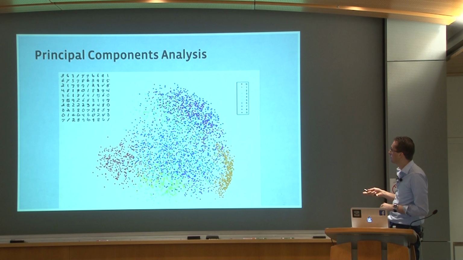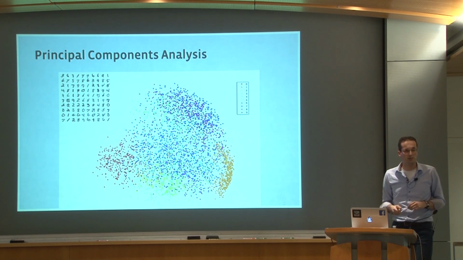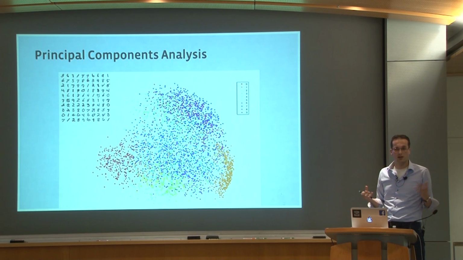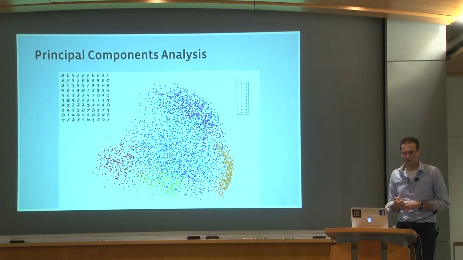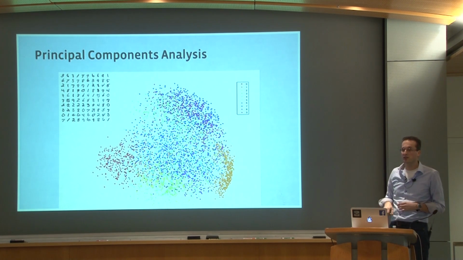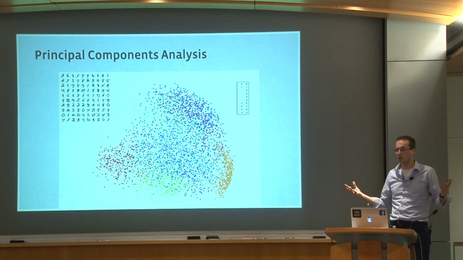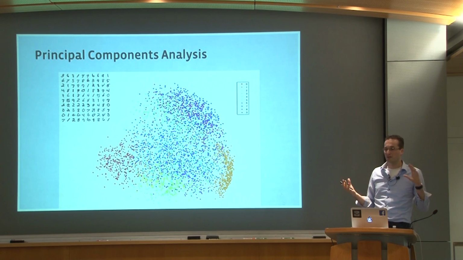And to make it a bit clearer, I colored the points, which correspond to the digits, according to which digit they represent. So these red guys over here, those are all the zeros in this data set. And the orange guys over here, those are all the ones. And so this is the first principal component, and what you can see is that the main source of variation is actually the difference between zeros and ones, which makes sense if you think about digits in terms of pixel values.